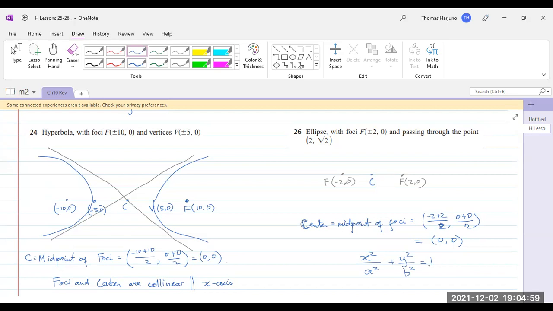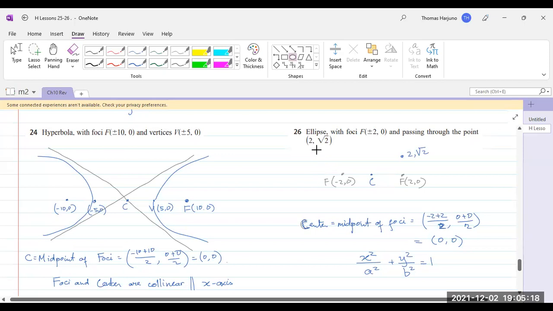Now, this is the difficult part though. It passes through 2, radical 2. So the ellipse is approximately like this.